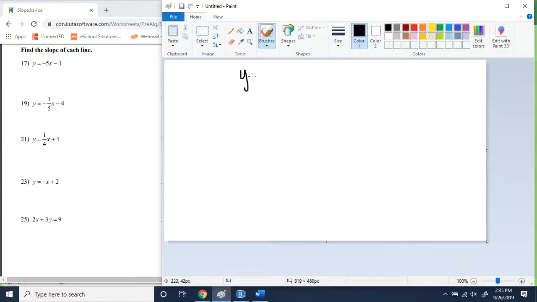Our next one is y equals 1 over 4x plus 1. My slope is 1/4. My y-intercept is 1. But I like to put it in standard form of ax plus by equals c.